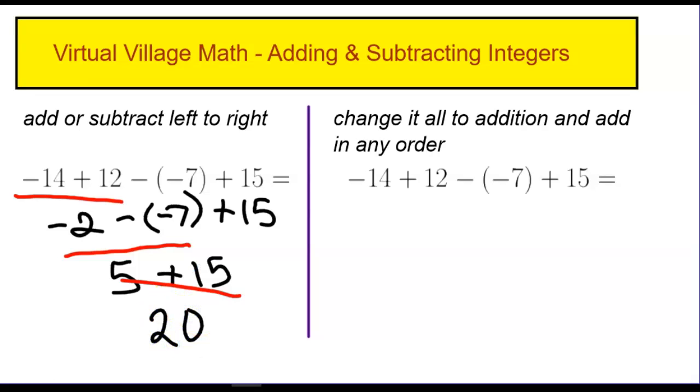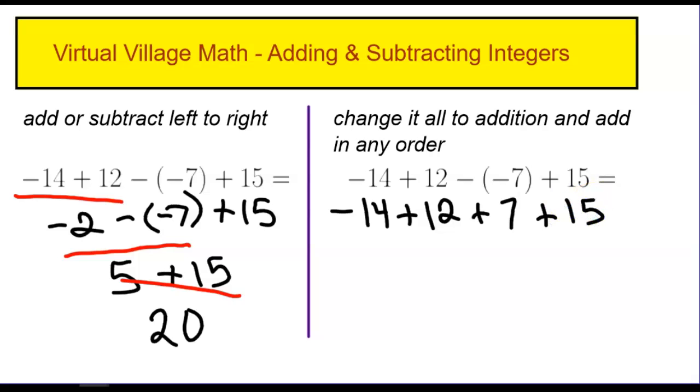But there's another way we can solve this problem. I can change that subtraction in the middle to addition. And if I change everything to addition, I can add in whatever order I want. So I don't have to go left to right. I've got negative 14 plus 12, no change there. But minus a negative 7 is the same thing as adding a positive 7. And then plus 15.